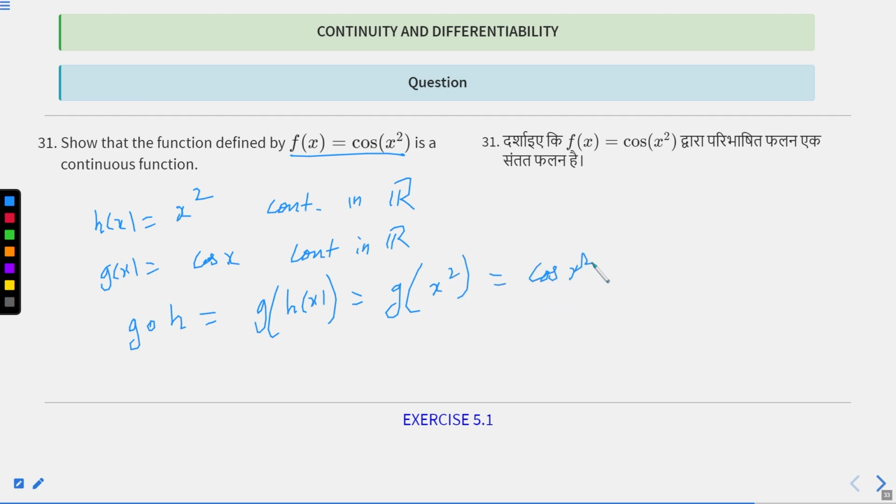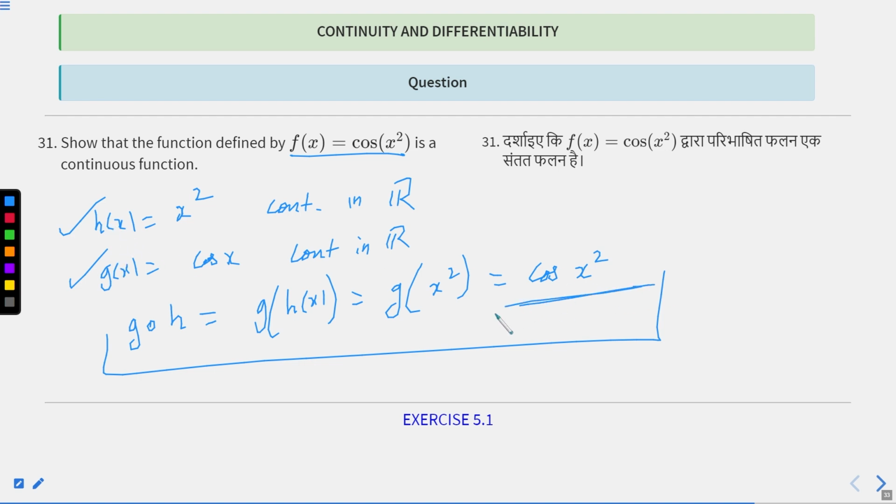We also know by the composition theorem, if h is continuous at c and g is continuous at h of c, which is happening here, then the composition function is also going to be continuous. So using the theorem, it is continuous. I hope that it is clear.